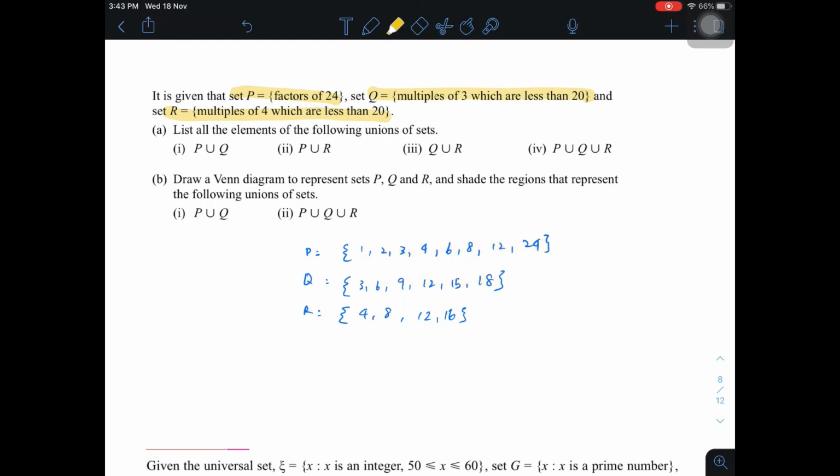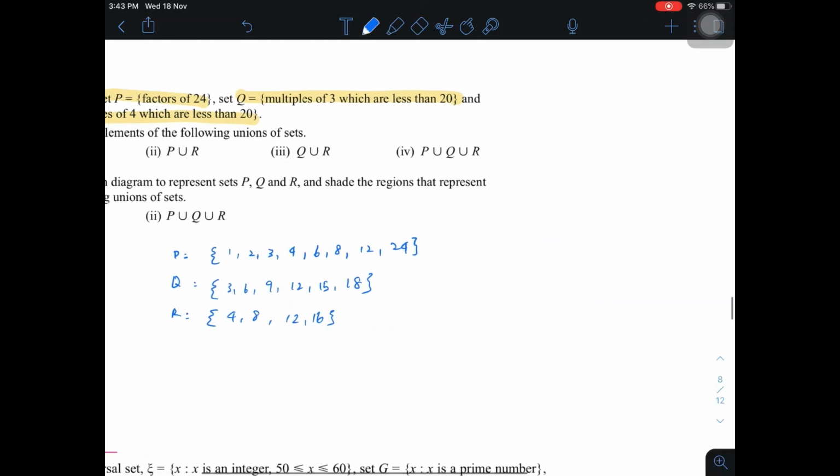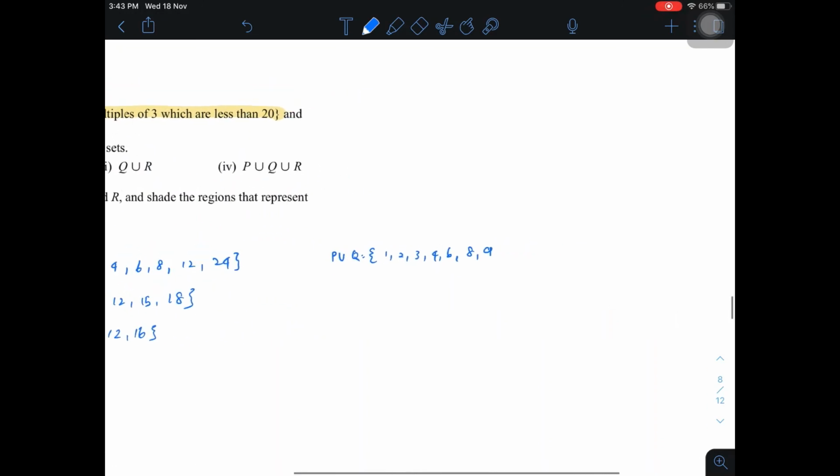In other words, P union Q would be 1, 2, 3, 4, 6, 8, 9, 12, 15, 18, 24. Okay? So it's a combination of all.